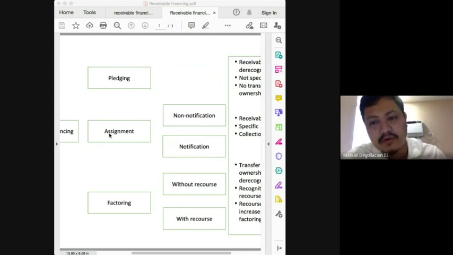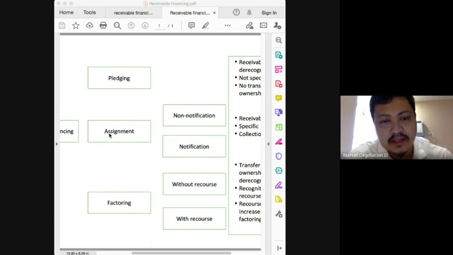Okay. The third form of receivable financing that will be discussed will be your factoring, which is essentially a sale of your receivable. So it's different from pledging and assignment, since in pledging and assignment you borrow money and you use your receivable as a collateral, whereas in factoring you are actually selling the receivables, you are letting go of the receivables, and you are able to use your receivables as a source of funds because you are selling it in exchange for cash.